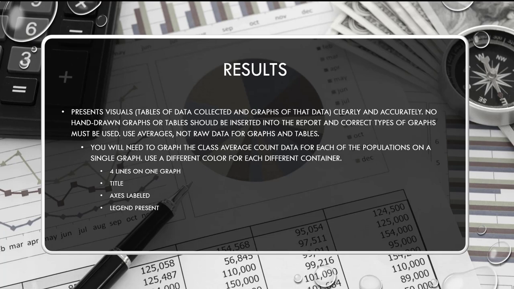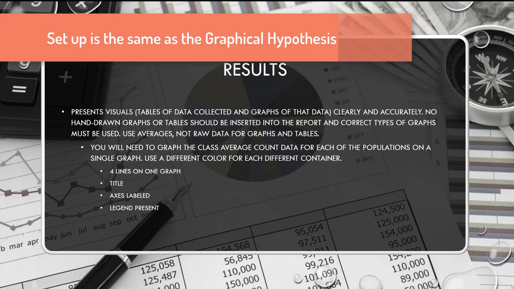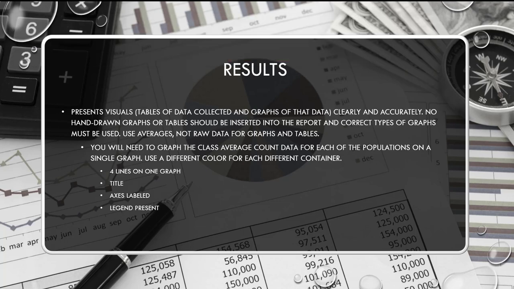This will be very similar to the setup for the graph that you did for your graphical hypothesis. You'll have all 4 lines on one graph, include a title, you'll need your axes labeled, and your legend present indicating what color goes with what treatment group, what container.